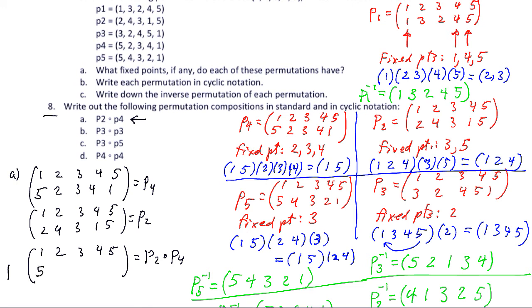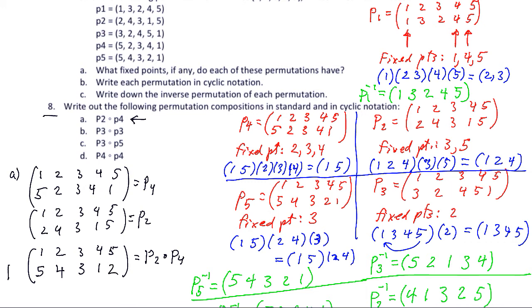Why? 1 went to 5, then 5 went to 5. 2 goes to 2, then 2 goes to 4. Where does 3 go? Well, 3 goes to 3, and 3 goes to 3. So 3 goes to 3. 4 goes to 4, and 4 then goes to 1. Finally, 5 goes to 1, and 1 goes to 2.